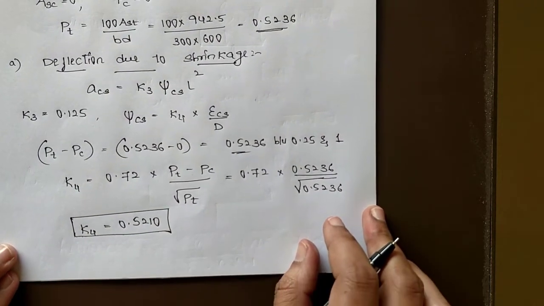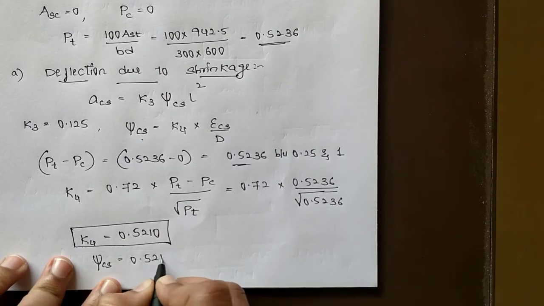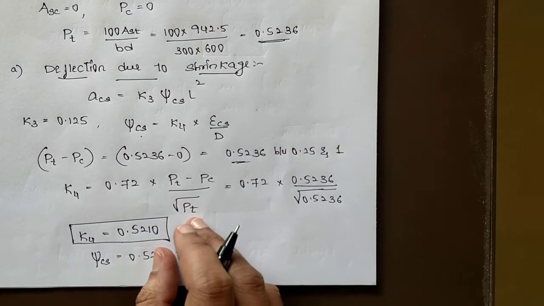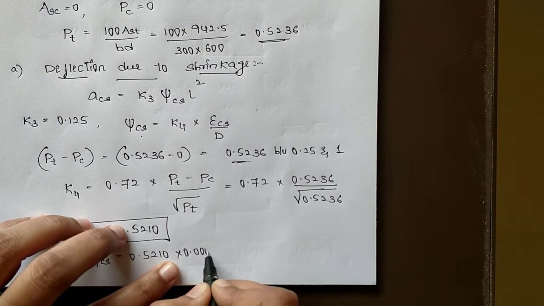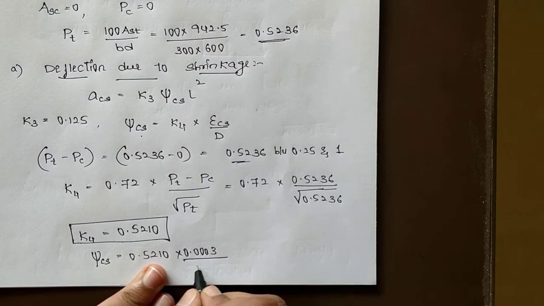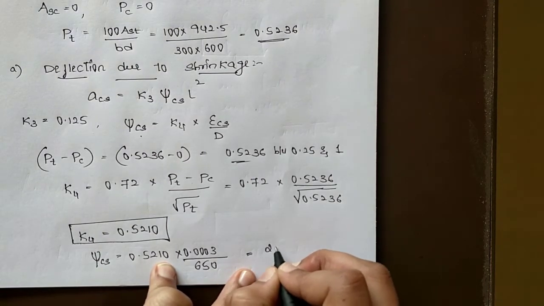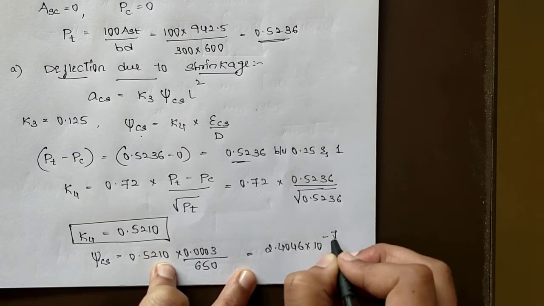Once you calculate the K4 value, substitute in this: xi cs equals K4 is 0.5210 into epsilon, the shrinkage strain given in the problem, 0.0003, divided by the overall depth 650. You will get 2.4046 into 10 to the power of minus 7.